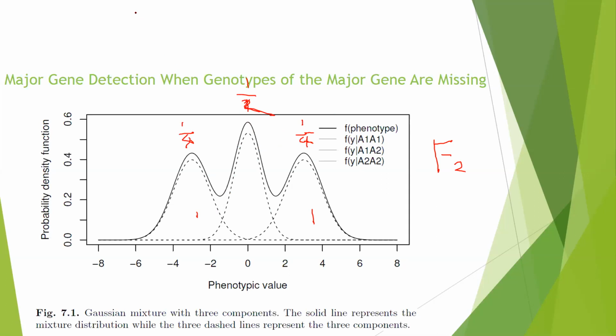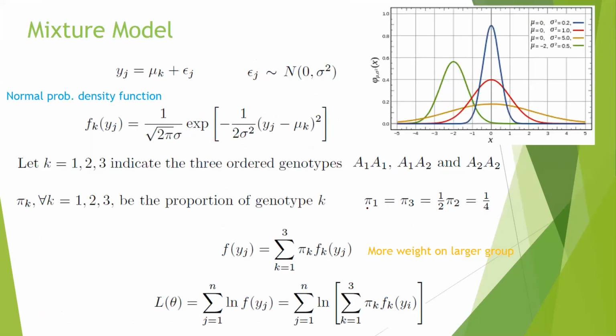So we use pi 1, pi 2, and pi 3 to represent the mixing proportion, because we are mixing these 3 subpopulations together. We do not know which one is which, but we know overall the mixing proportion for these 3 genotypes should be 1/4 versus 1/2 versus 1/4. So that's the pi. Any questions here?